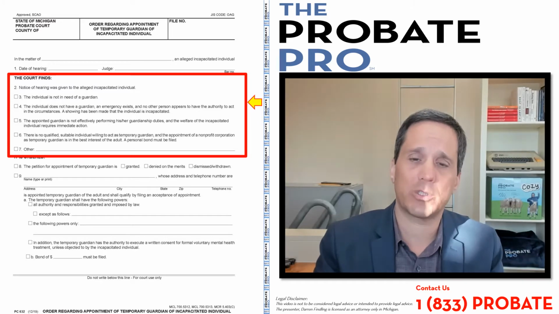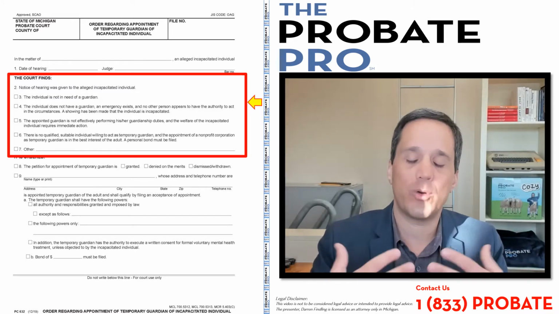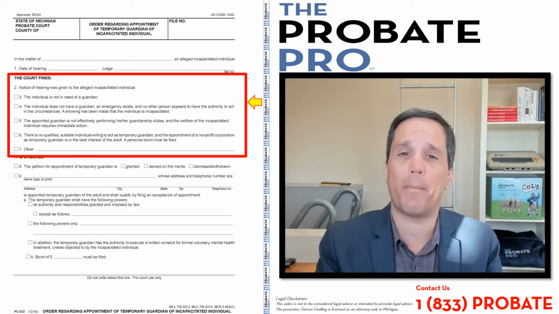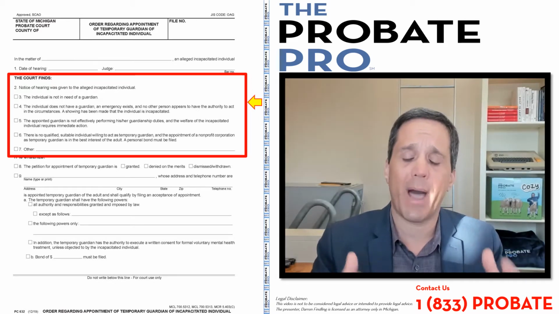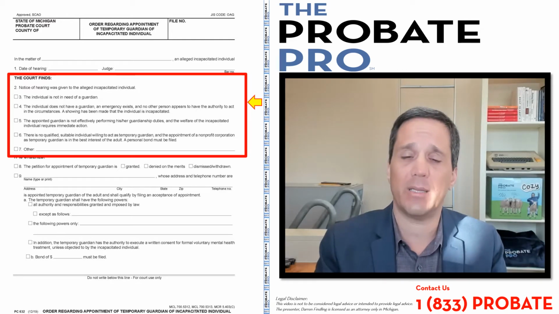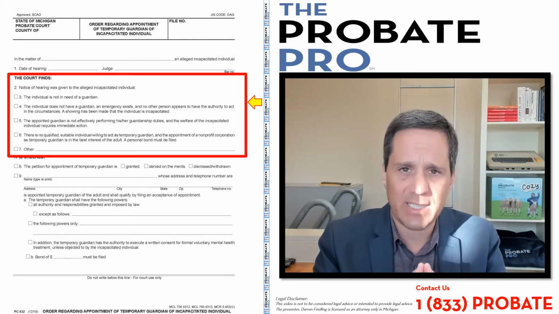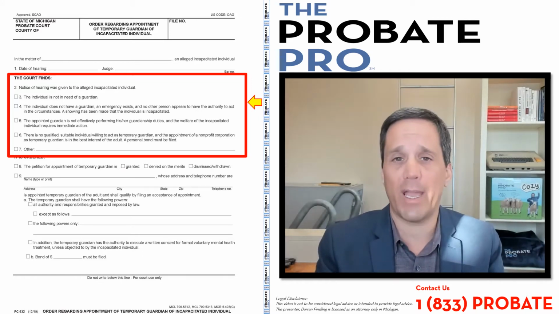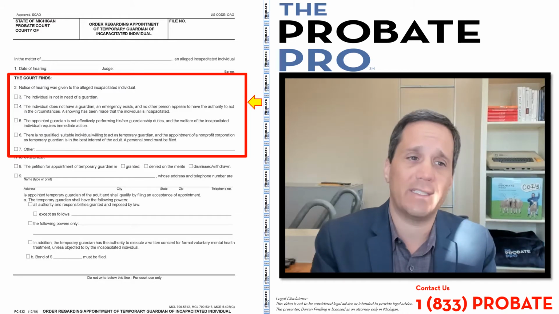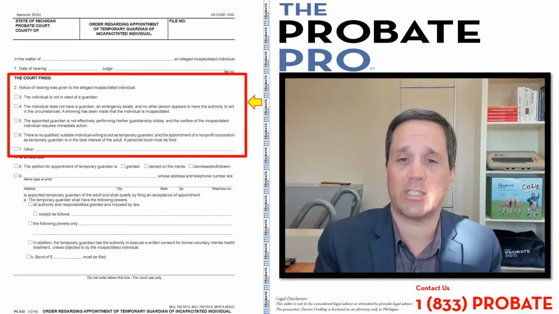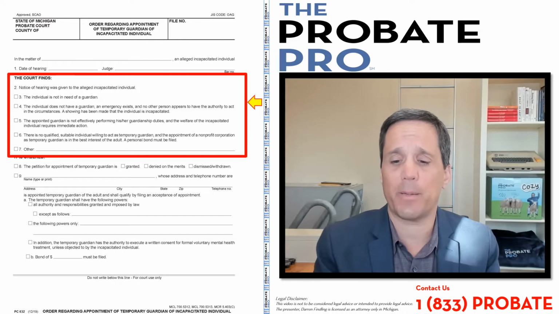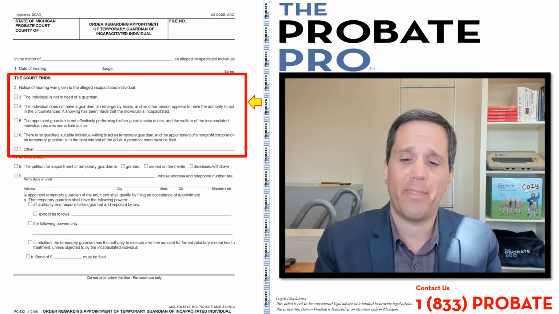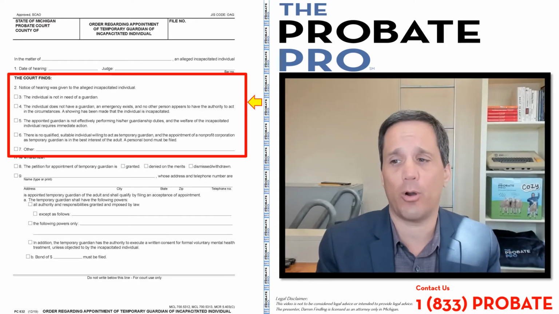And there are particular rules about what that notice looks like, the notice that's provided to them, as well as what information is conveyed to them about the petition by either the petitioner or the guardian ad litem, letting them know that there is a temporary guardian request being made that will affect their individual rights, and if that guardian gets appointed in that temporary capacity, there's a suspension of many of their rights and their autonomy to make decisions on their own behalf.